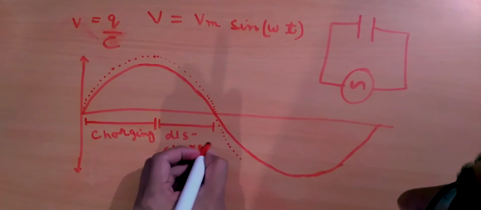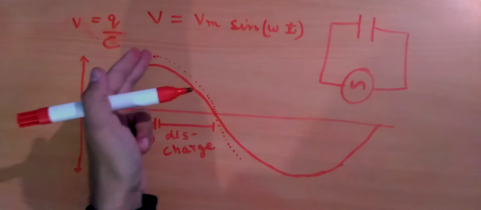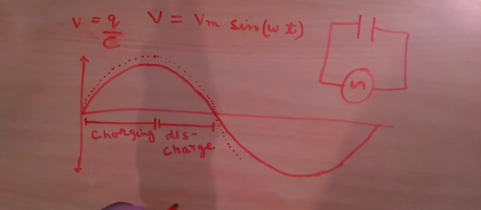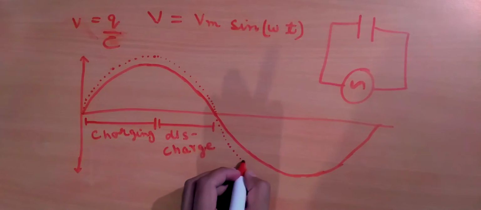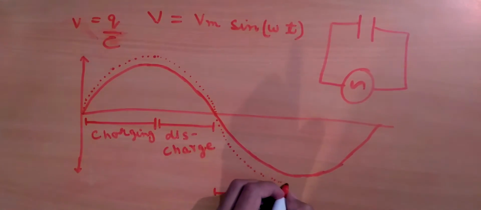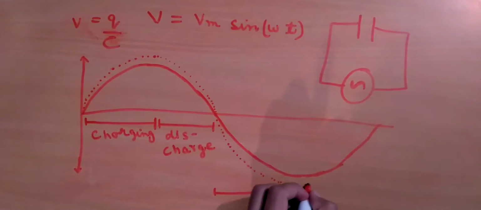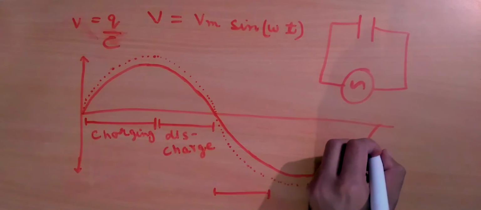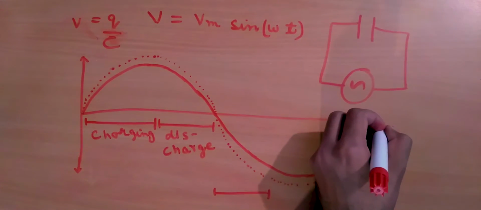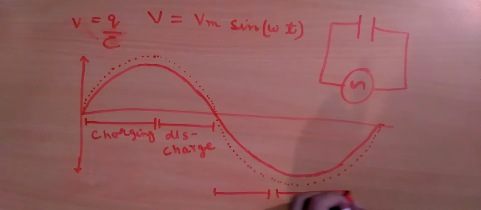So in this section the capacitor is discharging, in this section it is charging, in this section it is discharging, and again in this section here it would charge, it would gain charge, just the polarity would be switched, and then again in this section it would get discharged because the potential difference is also reducing, getting back to 0, and so in this section it would discharge.